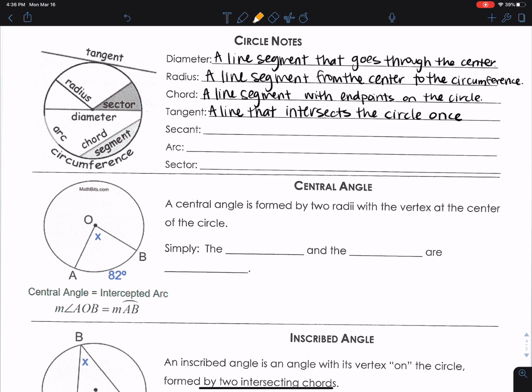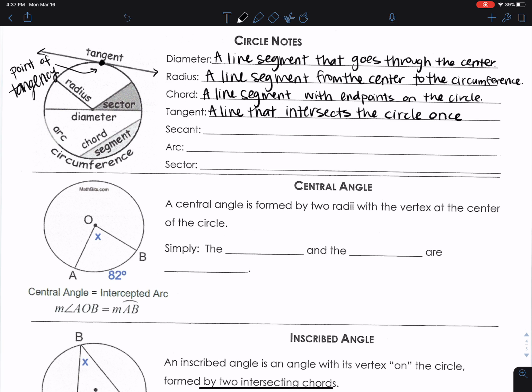As we see here in our picture, this is our tangent line. It just touches the circle right there, and in our notes from a couple class periods ago, this is called the point of tangency. So we have the point of tangency and then our tangent line. Technically this should have arrows on it because it's a line.